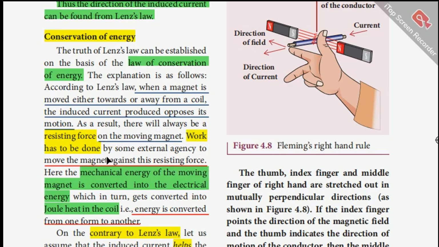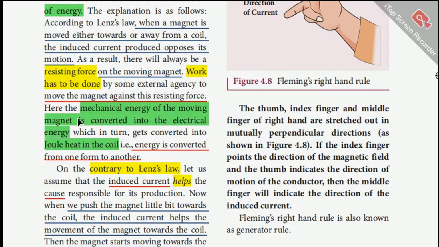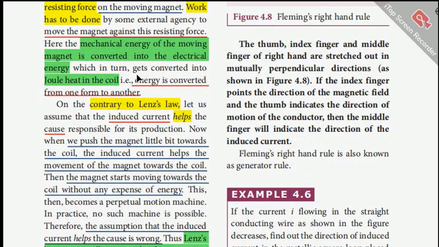Work has to be done by some external agency to move the magnet against this resisting force. Here, the mechanical energy of the moving magnet is converted into electrical energy, which in turn gets converted into Joule heat in the coil. That is, energy is converted from one form to another. So, the energy is always conserved.